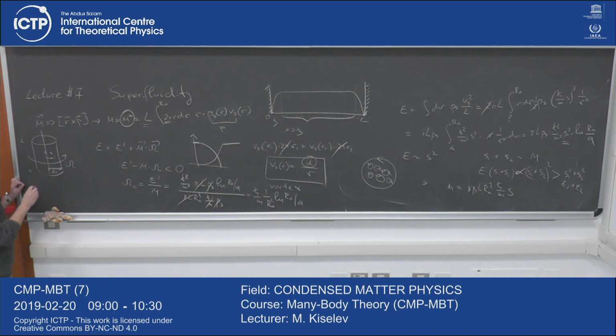So I destroy superfluidity in the center of the container. It exists everywhere else. So I create a core with a radius A, where the liquid is normal, and it's still superfluid everywhere else. And this structure with the field of velocity decaying as 1 over r is the vortex. This is what I did.